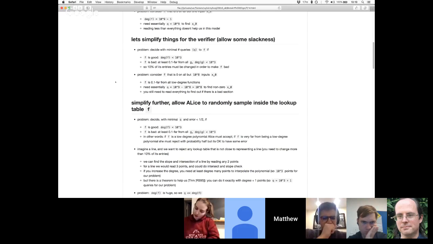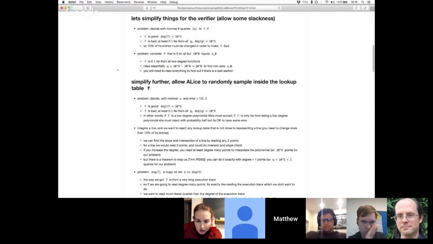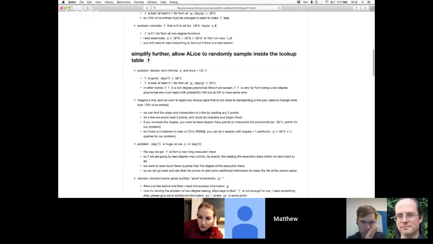And so we have the first step where we're saying let's simplify it, and then to further simplify it, we're saying that we want to have an error of half still with this minimal q. And so specifically what that means is that when f is a low degree polynomial, Alice must accept f if it's an honest polynomial. And if f is very far from being a low degree polynomial, then she must reject it with probability of half, for this 10%.